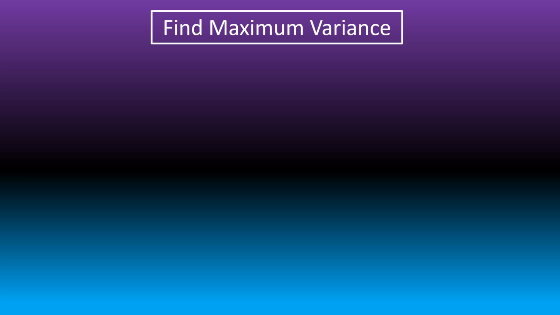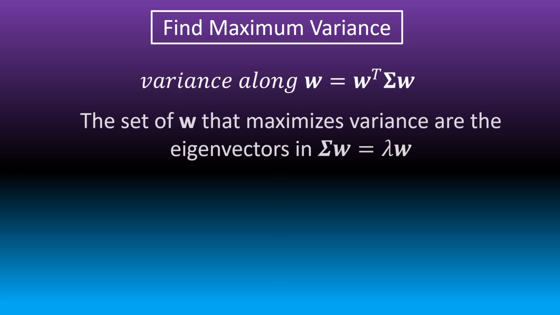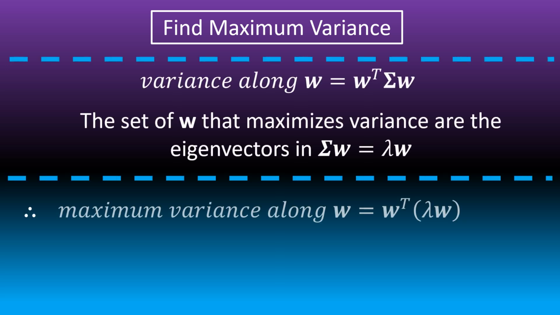So in order to find the maximum variance, we have the variance along W is W transpose epsilon W, and the set of W that maximizes the variance are the eigenvectors in epsilon W is equal to lambda W. So the maximum variance along W, therefore, is equal to W transpose times lambda W. So we're making that substitution, substituting in lambda W for epsilon W. And what we get there is lambda W transpose W. And remember that W transpose W must be equal to 1 because the magnitude of W is equal to 1.